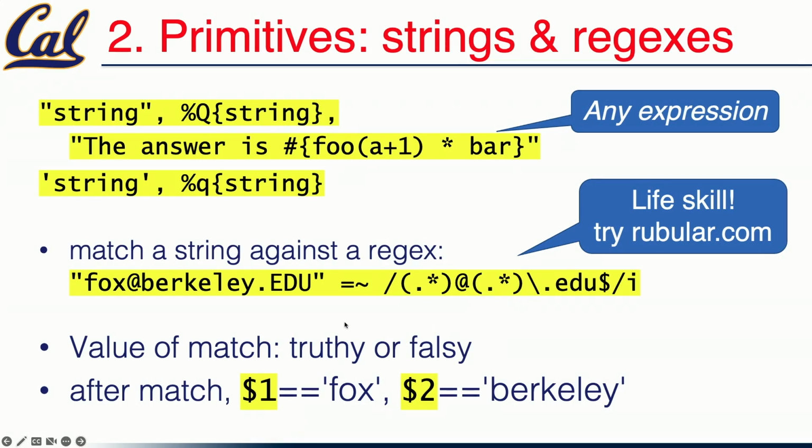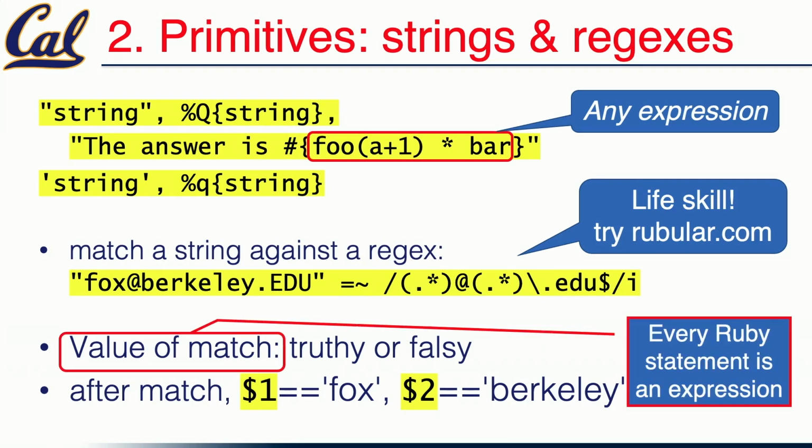So in this particular example, $1 would match what the first parentheses captured, which is everything before the @ sign, which is Fox. And the second group would capture everything up to the .edu portion. So in that case, that would be Berkeley. Again, if you don't remember this from regular expressions before, don't worry. You're going to get a lot of practice with them, more than you want.